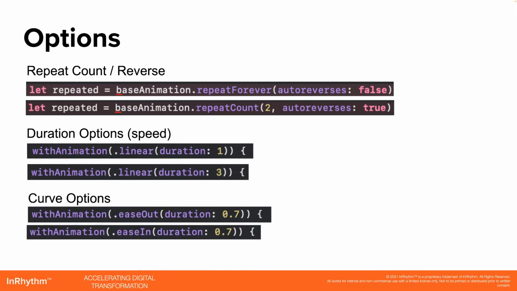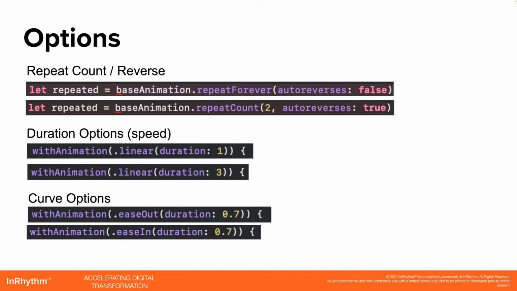You can repeat an animation some number of times, or tell it to repeat until you change some state on the view. You can control the speed of the animation. You definitely want to have the right speed for the right kind of animation that you're showing the user, as well as curve options. And we'll look at a couple of different curve options as we go through the examples.